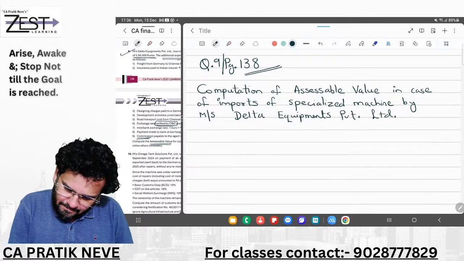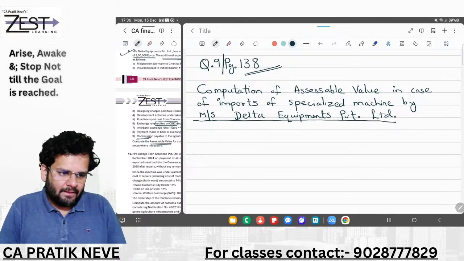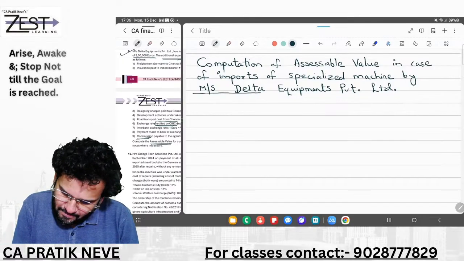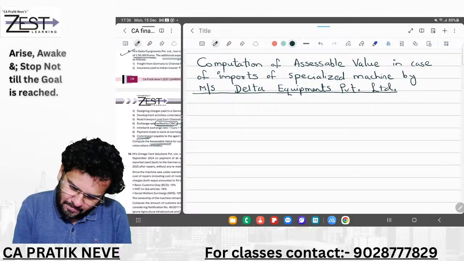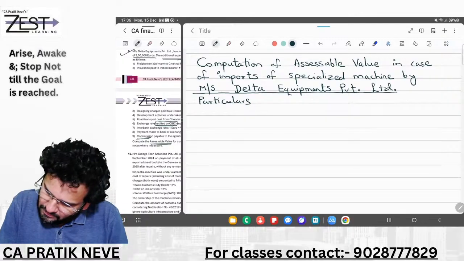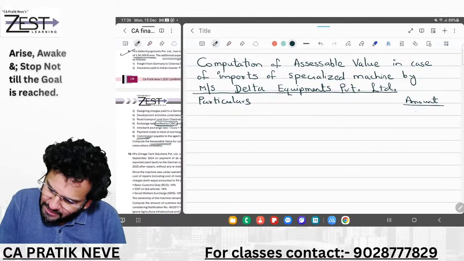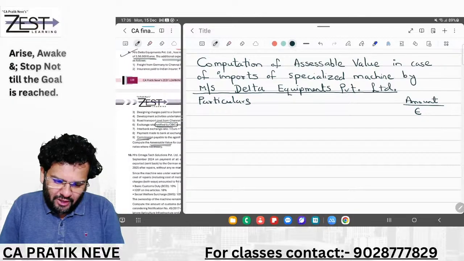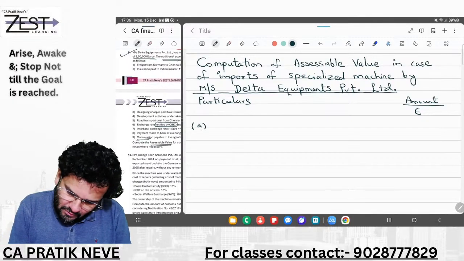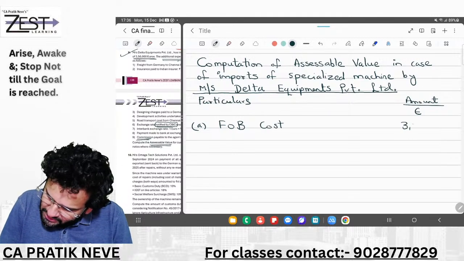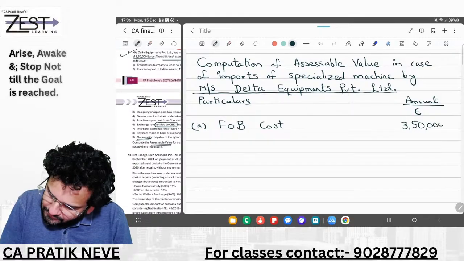Let us start. Write down particulars, amount, and by the way, amount will be in euros also. FOB cost. What is the FOB cost? So FOB cost is 3,50,000.